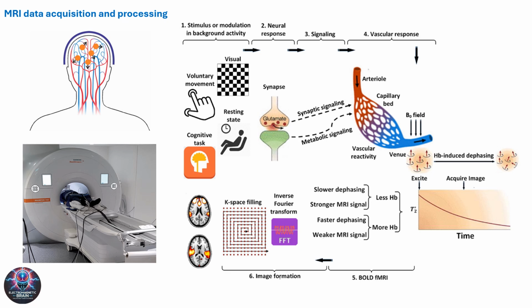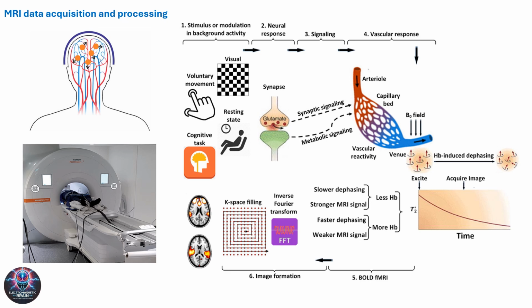When the hydrogen atoms return to their original state, they emit signals that are captured to construct a detailed image of the brain's anatomy. MRI is invaluable for diagnosing brain conditions like tumors, strokes, and multiple sclerosis. In addition, in this slide, we see the step-by-step process of how MRI captures brain activity.